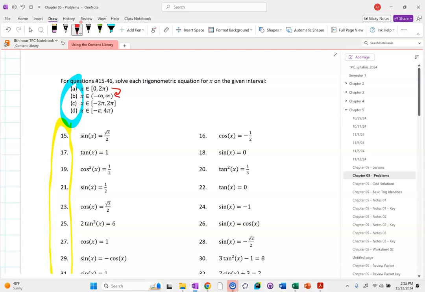Here, from 0 to 2 pi, you've already done in part A. So all you need to do is check 2 pi and then from negative 2 pi to 0. So you only have to enumerate a few answers more because you have half of it done, right?